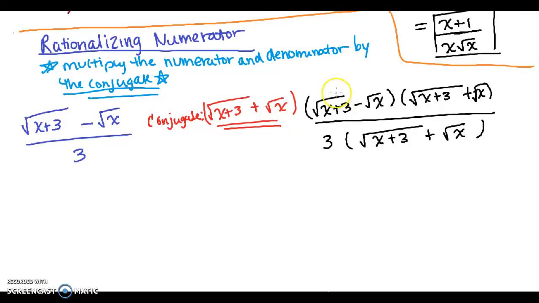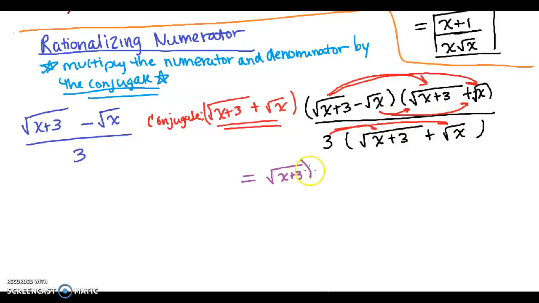I'm going to distribute twice: this times this, this times this, this times this, and this times this, and the same thing on the bottom. In my numerator, I have the square root of x plus 3, squared, plus the square root of x times the square root of x plus 3, minus the square root of x times the square root of x plus 3, minus the square root of x, squared.